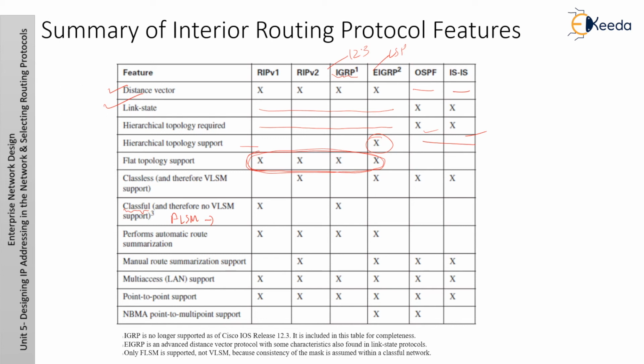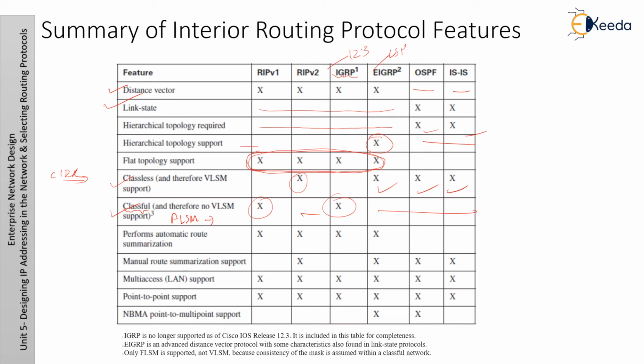Classless, if we talk about classless, it means it supports CIDR, classless inter-domain routing. So it is supported by RIP version 2, already seen, and EIGRP, OSPF and ISIS. RIP version 2 is an extension of RIP version 1 to support this classlessness. Then classful is supported by version 1 and IGRP, and no other protocol supports classful.